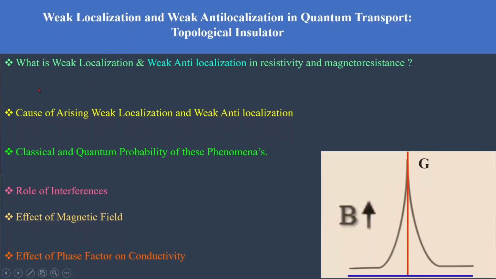First to be discussed is what weak localization and weak antilocalization are, in resistivity and magnetoresistance. What are the causes of weak localization and weak antilocalization arising? Classical and quantum probabilities of these phenomena, meaning that weak localization appears by the classical probability and the quantum probability, similar to weak antilocalization.